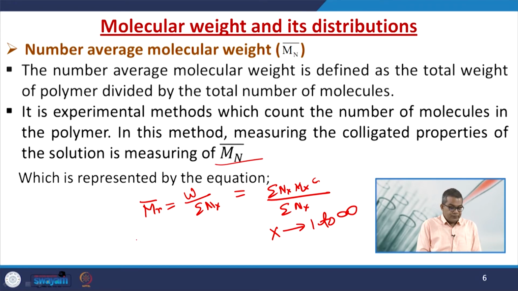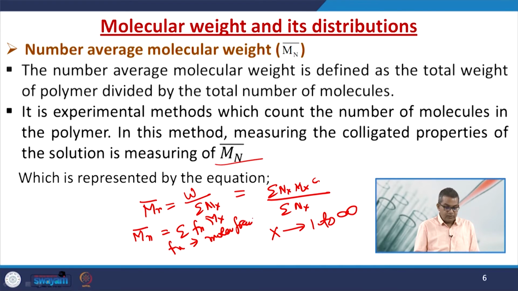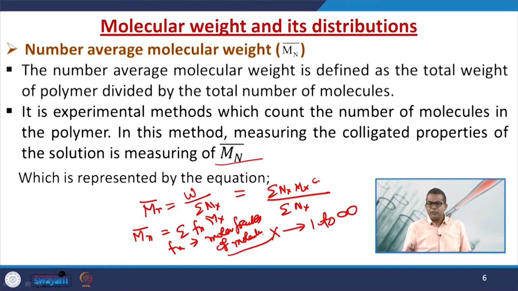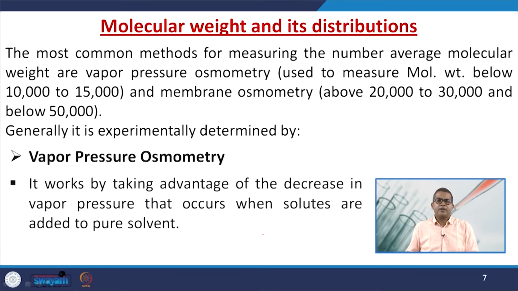In other words, if we carry out this approach with respect to the mole fraction, it is represented as bar Mn, where this is the mole fraction of molecules. So, this type of approach is again important.